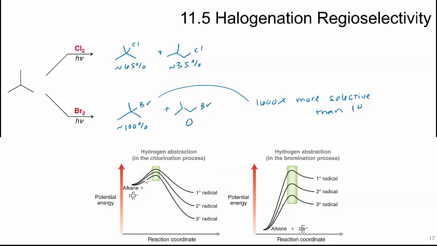So with the diagram for chlorination, there's only a small difference in energy between the transition state that leads to the primary, secondary, and tertiary radicals. And in contrast, the energy diagram for the bromination shows a large difference in energy between the transition states, which leads to the secondary, primary, and tertiary radicals. And so bromination shows greater selectivity than chlorination.